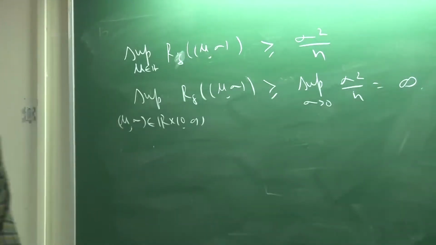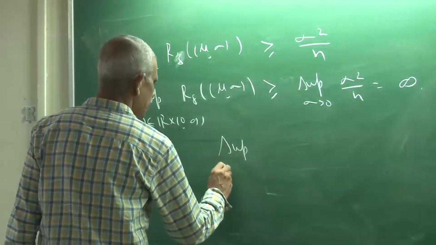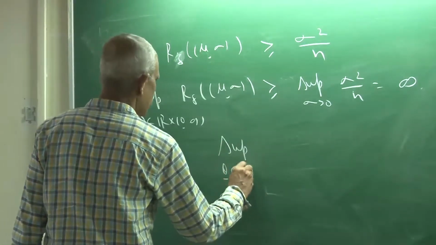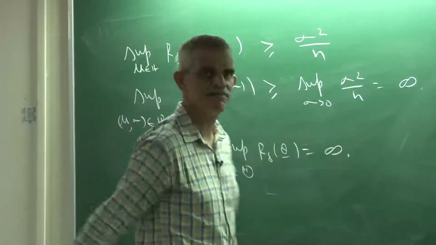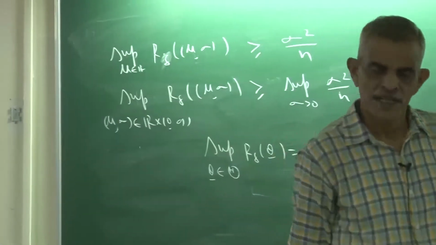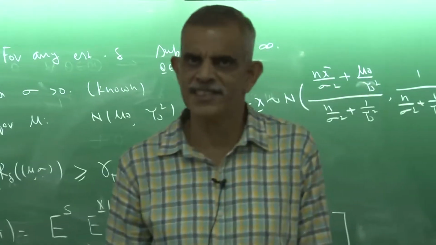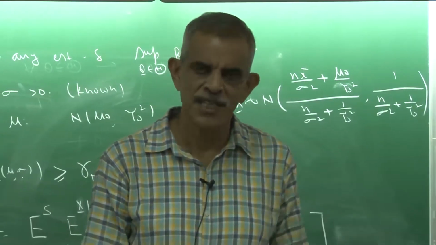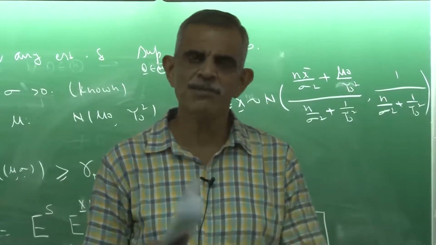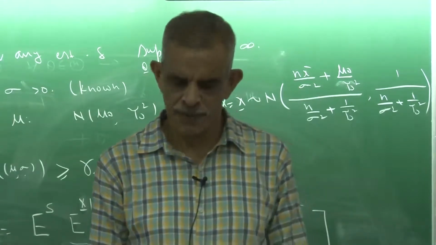That means it is infinite. So it means the supremum over theta belonging to capital Theta of R delta theta is infinite. So if your loss function is squared error, the supremum risk of any estimator is infinite. So minimaxity is not a good criterion here, because for all the estimators, the maximum risk is infinite. So minimizing that doesn't make any sense.